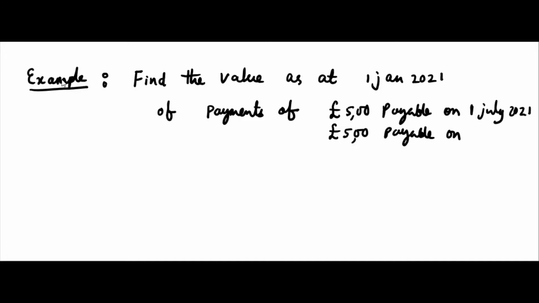after 1 July, you have again 1 January 2022. Then you can write 500 payable, okay, we'll have to write July.